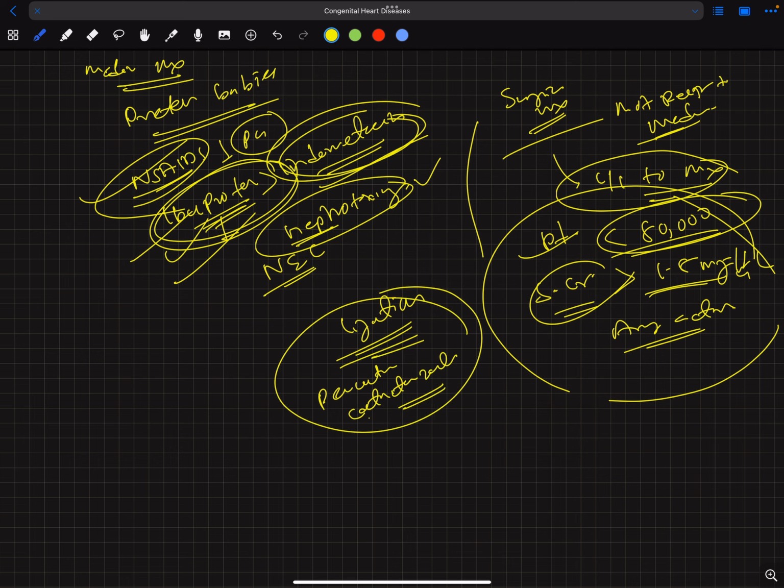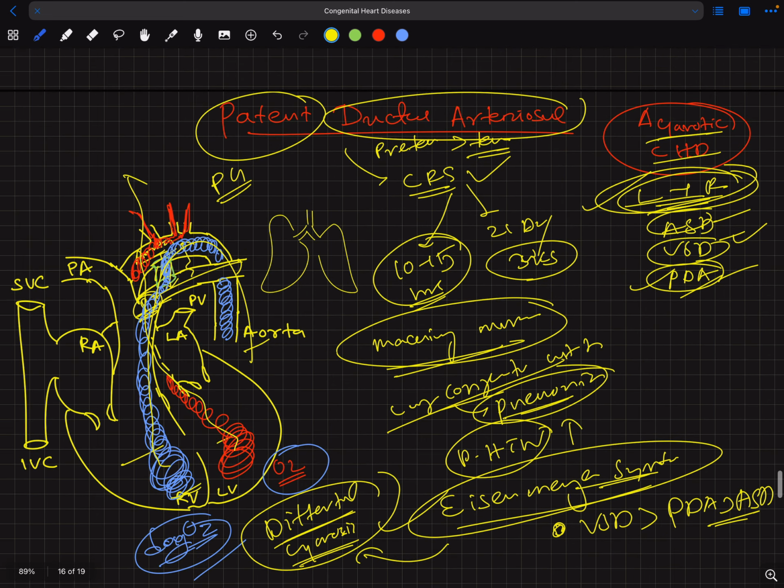Surgical management is ligation or percutaneous catheterization using occluders or coils. So this is all about patent ductus arteriosus.